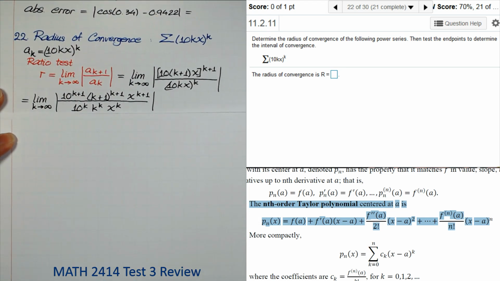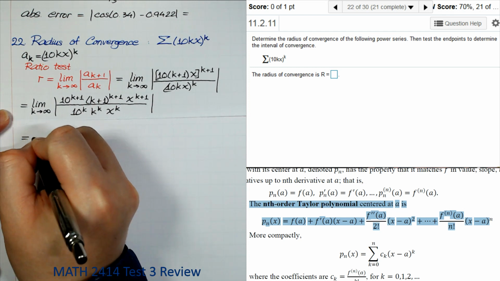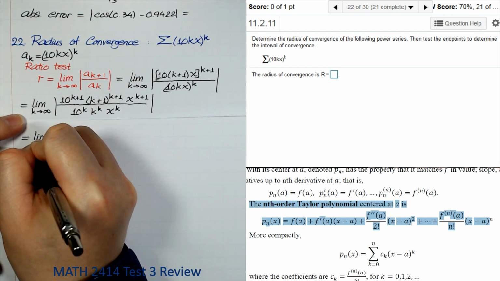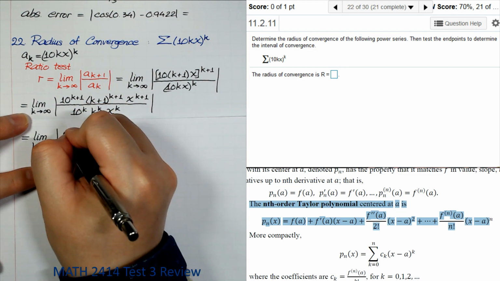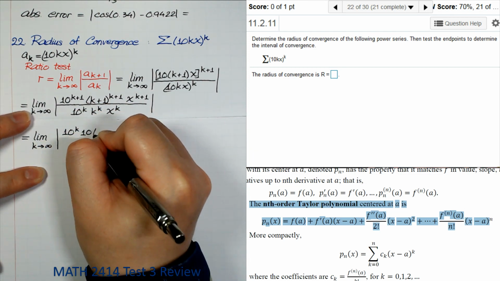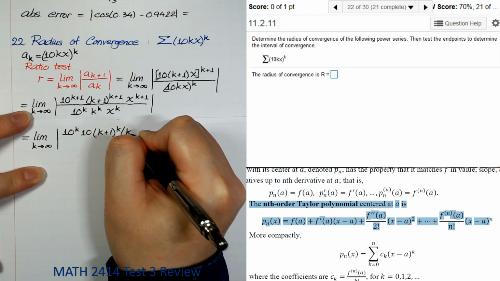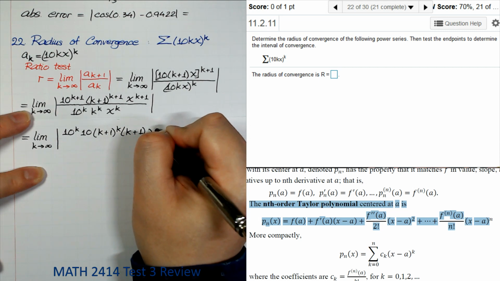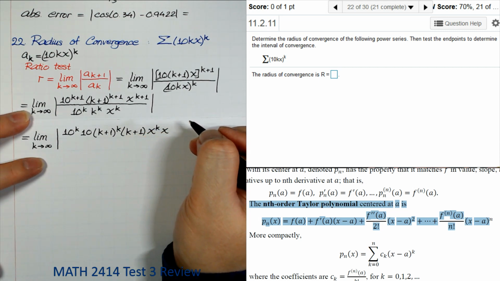Right. Now we split. 10 to the k, 10. K plus 1 to the k, k plus 1. X to the k, x to the first, or just x.